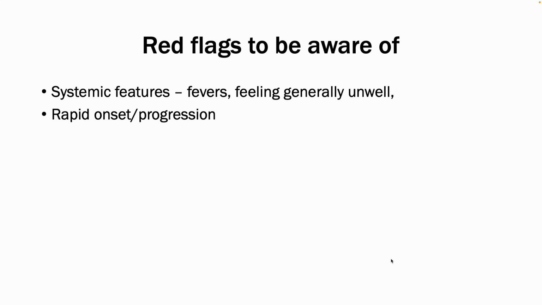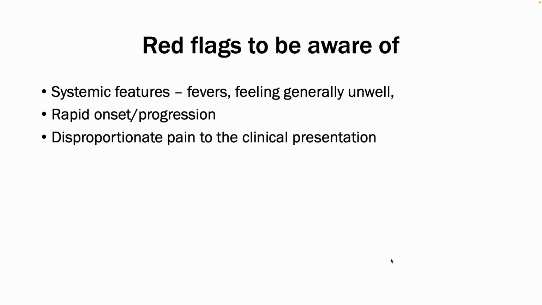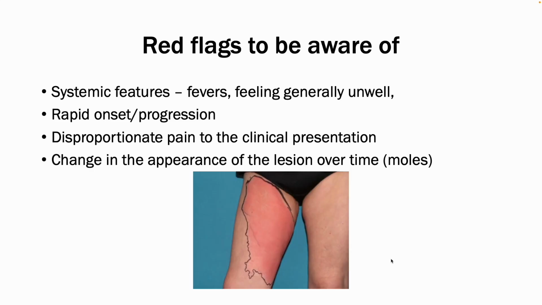Rapid onset or progression can indicate things such as anaphylaxis. So when you have rapidly progressing urticaria, you should be thinking about other possible emergencies. Things such as disproportionate pain when compared to the clinical presentation should make you think of other possible sinister causes.